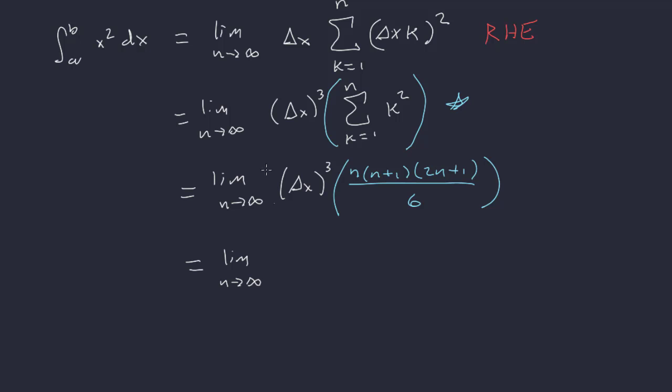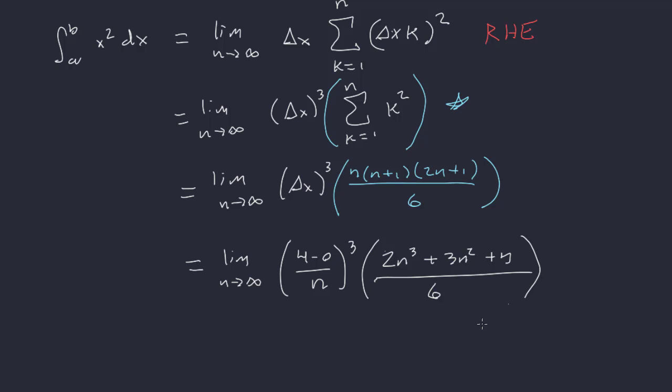All right, so now if I rewrite this, remember this delta x is b minus a, and in this case that's 4 minus 0. So I'll write 4 minus 0 over n all cubed times, if you multiply this all the way out, you'll get 2n cubed plus 3n squared plus n all over 6.